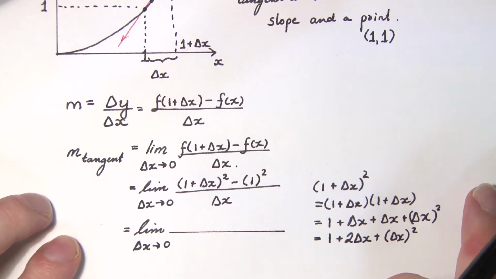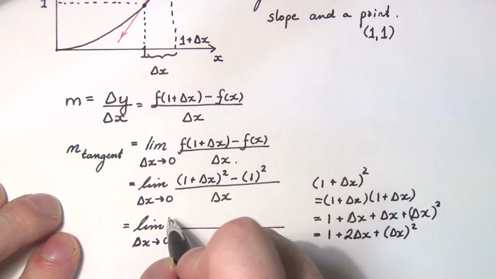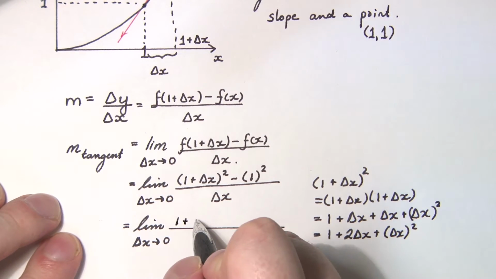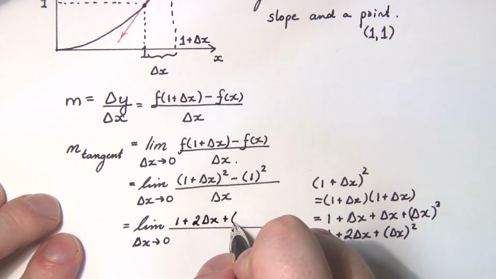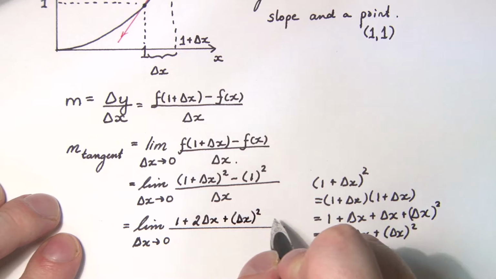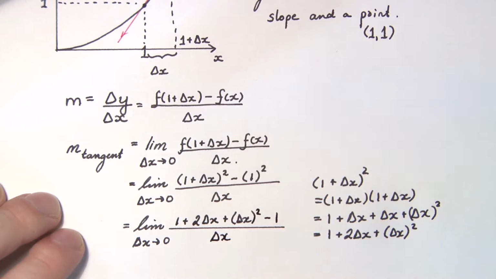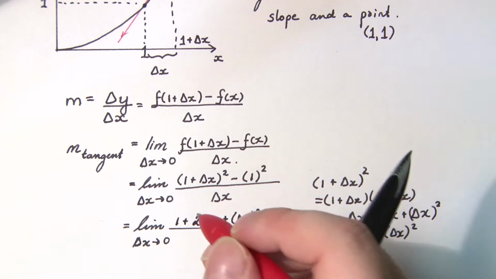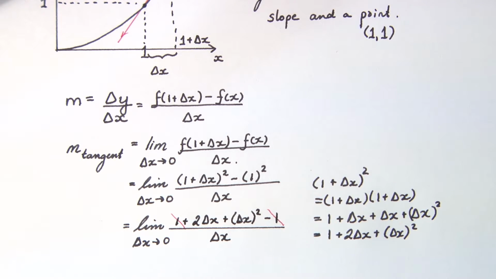So I have 1 plus 2 delta x plus delta x squared minus 1, all divided by delta x. So I notice that I can cancel the 1 and the minus 1, because that equals 0.